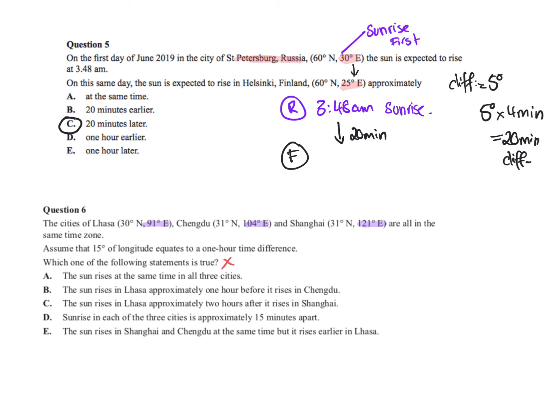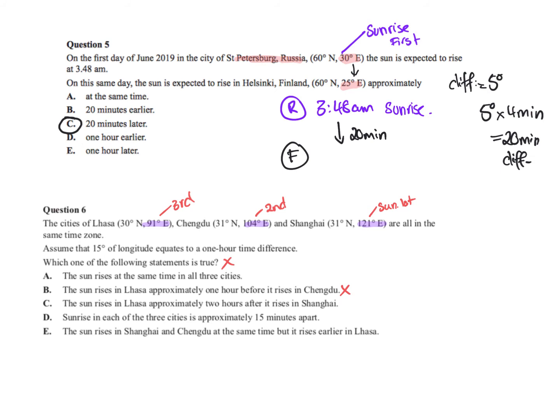So if we look at sunrise, the bigger east would be first, this would be second, and this would be third. So they said Lhasa is approximately 1 hour before Chengdu, so that would say it was ahead of it. So that is not correct.